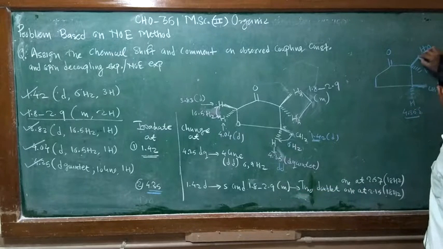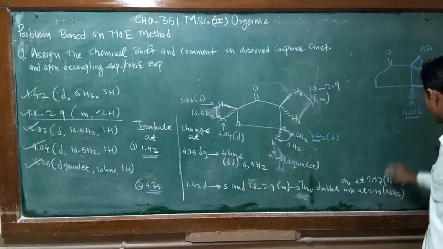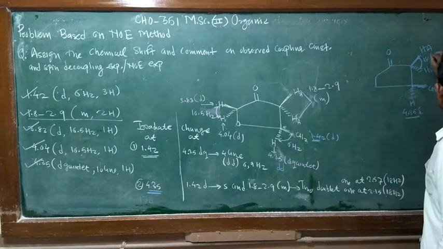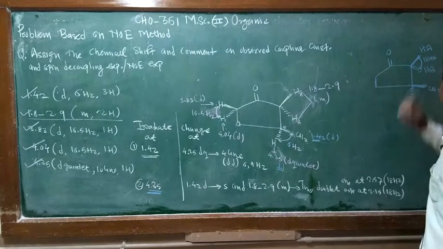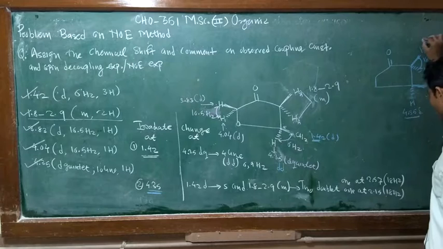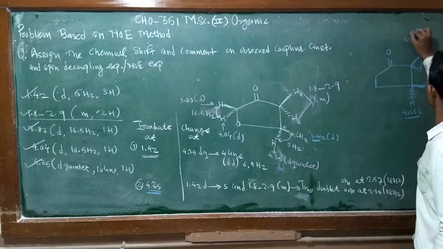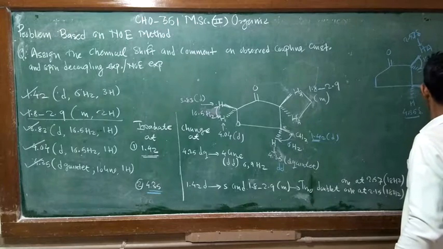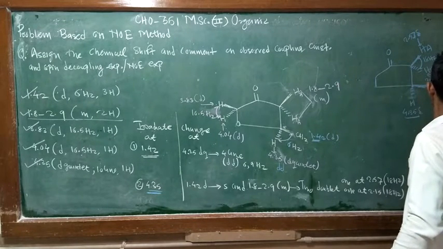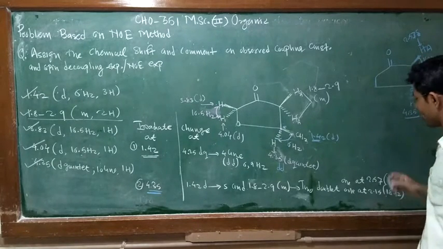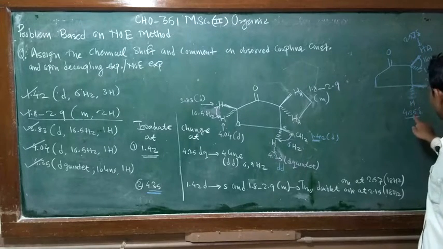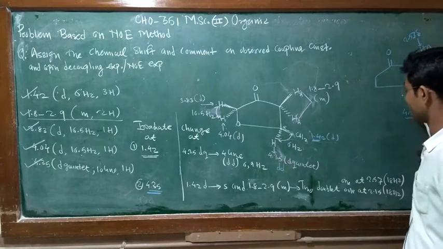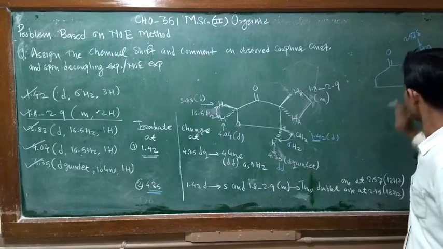Means HA shows a doublet with coupling constant 18 hertz, which is geminal coupling. For this, suppose this proton shows the value 2.57 delta, while this shows suppose 2.15 delta. So these two protons couple with each other, not with the 4.35 delta proton.